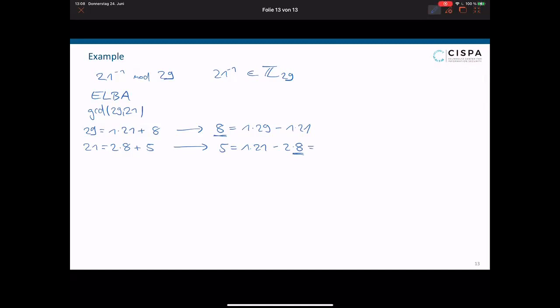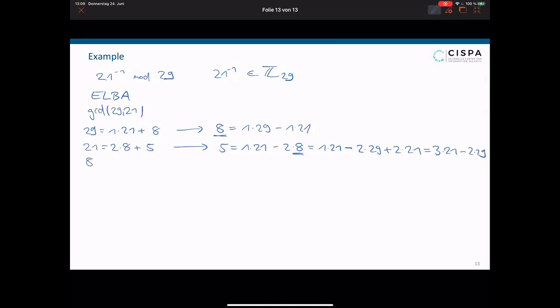So this is 1 times 21 minus 2 times 29 plus 2 times 21. 1 times 21 plus 2 times 21 gives us 3 times 21 minus 2 times 29. So we again have written this intermediate result, the 5, as a linear combination of 21 and 29.